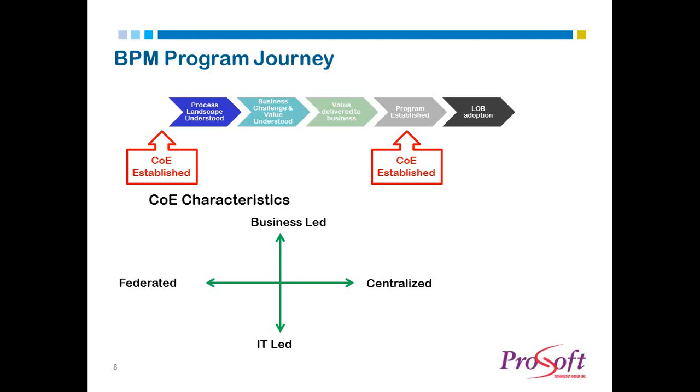But if you look at a typical program journey as far as BPM is concerned, there are certain activities that have to be done. The first activity is you have to understand your process landscape, or a part of it.